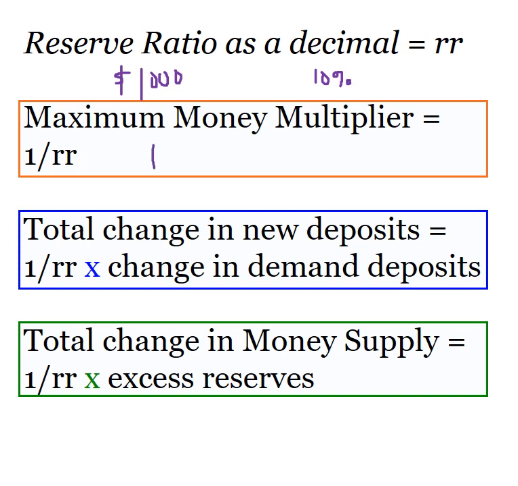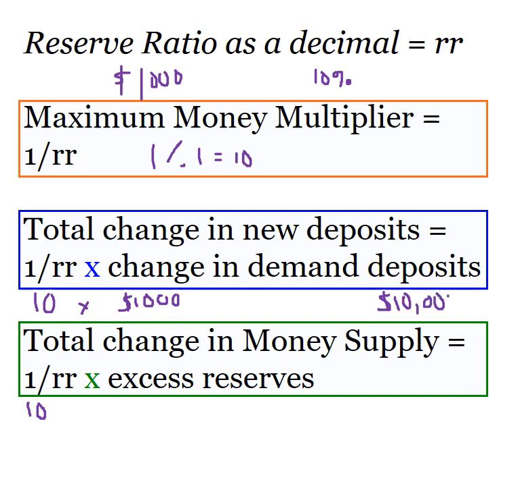Well, we know that 1 divided by 0.1 equals 10. So in all of these cases, the multiplier will be 10. Now what's different is how we use these equations. To figure out the total change in demand deposits, it will be 10 times the original change in demand deposits, $1,000. So 10 times $1,000 equals $10,000. That's how much it's going to impact the total deposits in banks.